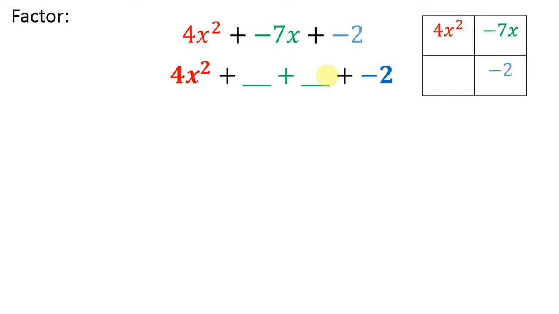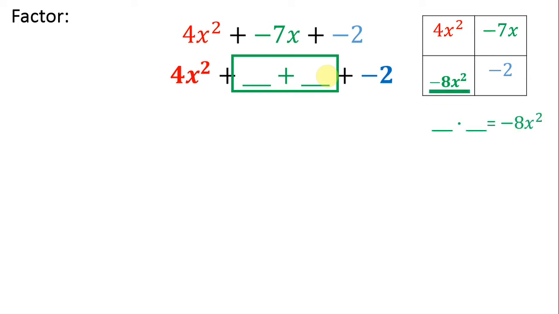Then what do I do? The next thing I'm going to do is fill those boxes with negative 8x squared. I got that by multiplying 4x squared and negative 2. Then I'm going to need to fill these boxes. What will I do to figure out the numbers to fill those boxes?